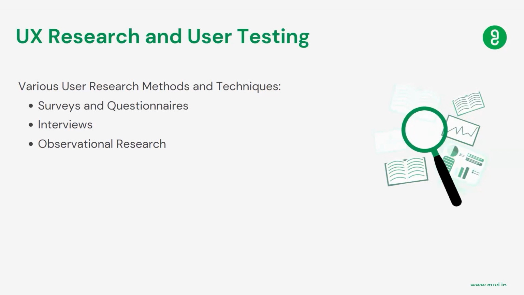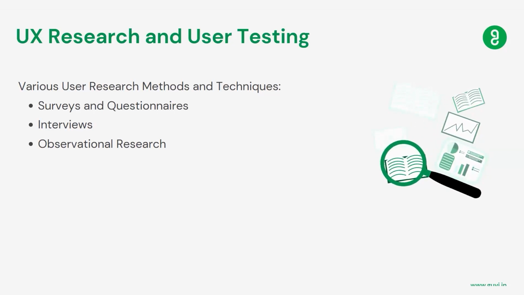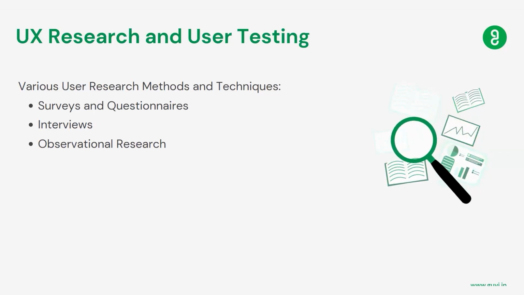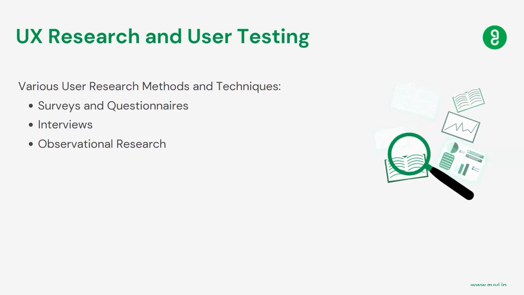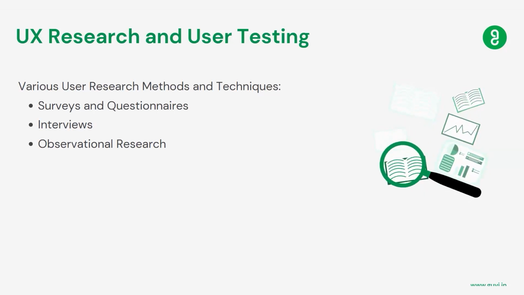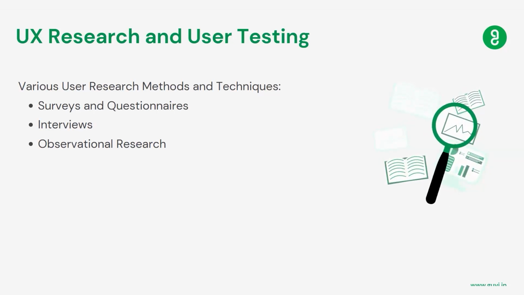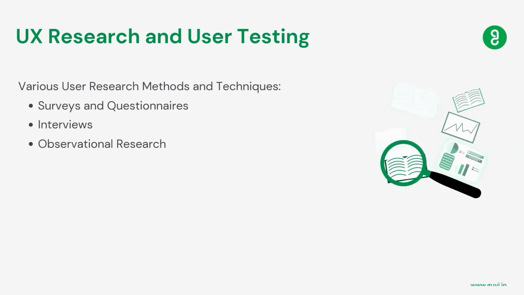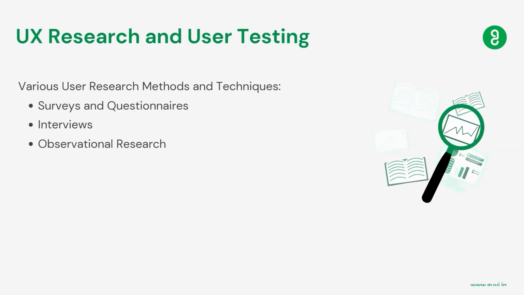So in interviews, as I told you, we do one-on-one interviews with users and gather qualitative data and dive deeper into their motivations, preferences, and pain points. The next one is observational research, and this involves observing users as they interact with a product or perform a specific task.